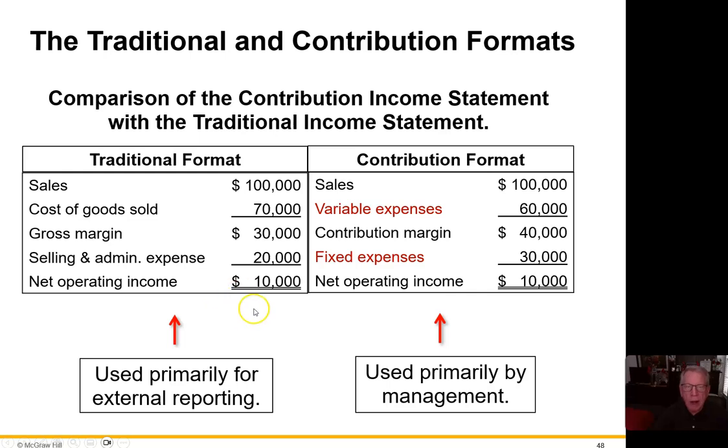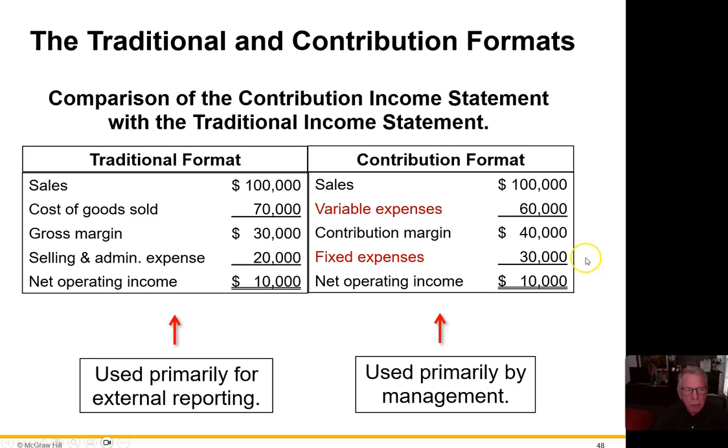So that's fine. But from the standpoint of a contribution format, you'll notice it's presented a little differently. We have our same sales, but our variable expenses are $60,000. That would mean that $10,000 of that was fixed, right? And my contribution margin is $40,000.